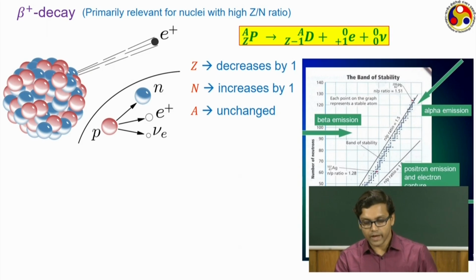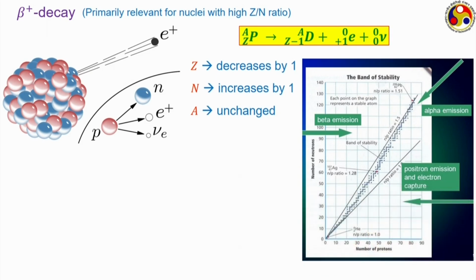We are just going back to the diagram to point out whatever we are discussing here. This dotted line you can see here is the band of stability. When we talk about beta emission, or electron emission, often called beta minus emission, it is associated with isotopes having a large n by Z ratio.